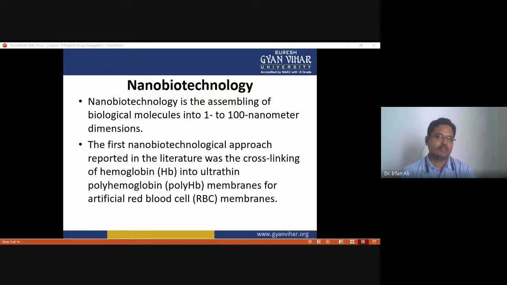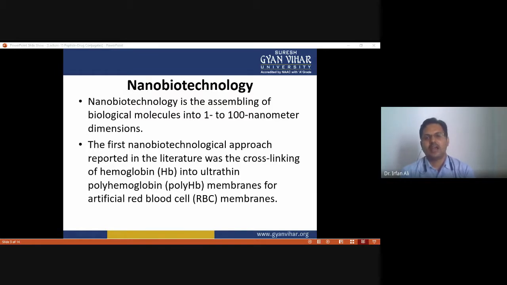Here we discuss what nanomaterials could be used for the replacement of hemoglobin. The first nanobiotechnology approach reported in the current scenario was the cross linking of hemoglobin into ultrathin polyhemoglobin membrane for artificial red blood cells.